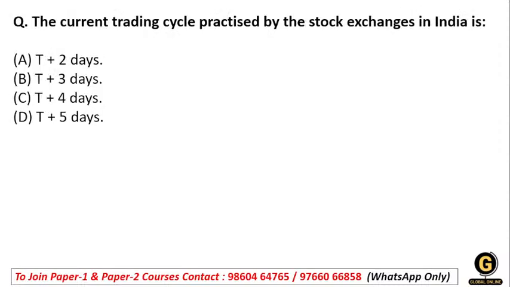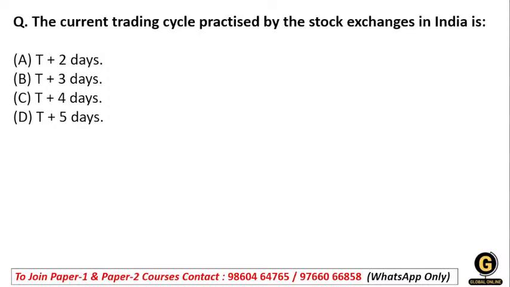Now move toward the next one, that is the current trading cycle practised by the stock exchanges in India. Here the options are T plus 2 days, T plus 3 days, T plus 4 days, T plus 5 days.